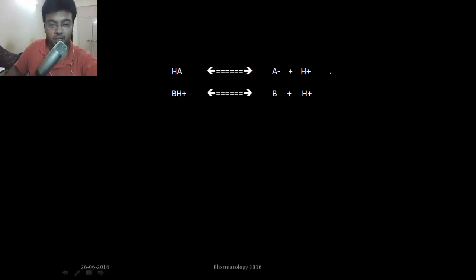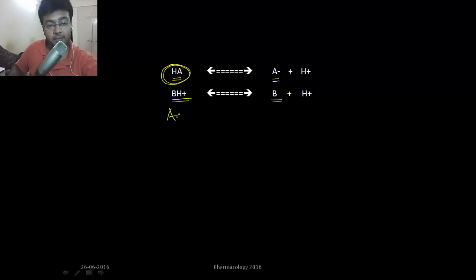Now let's look at this diagram very slowly. Here is the weak acid with its non-ionized form. Here is the weak acid with its ionized form, the weak base with its ionized form, and the weak base with its non-ionized form. Now in what medium will you put a weak acid so that it will remain in its non-ionized form?